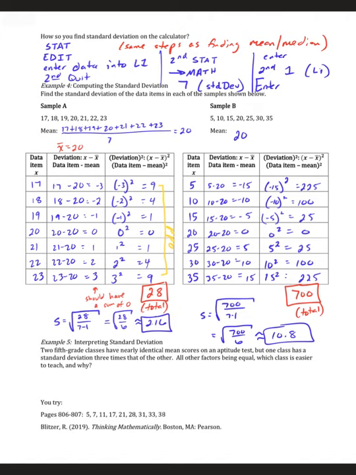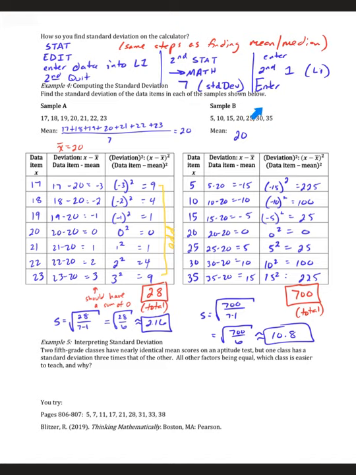Now, I want you to look at the data sets themselves. What could be the underlying cause of why the standard deviations are drastically different? You're right. It's because of the range of the data sets. You can see that the range in sample B is much larger. If you do 30 minus 5, you get 25.